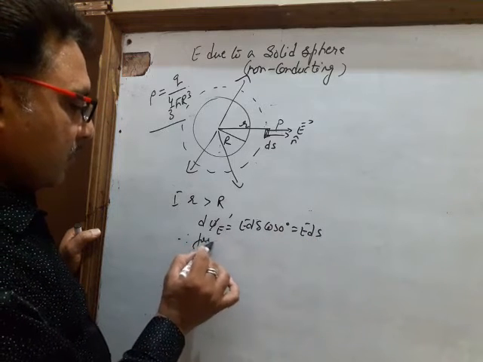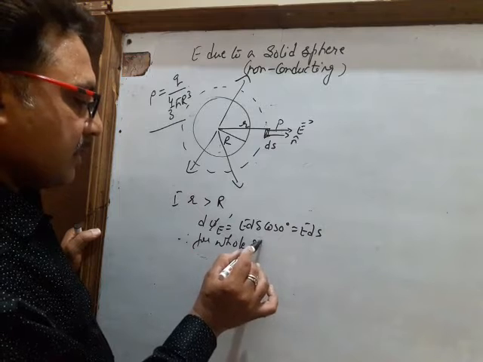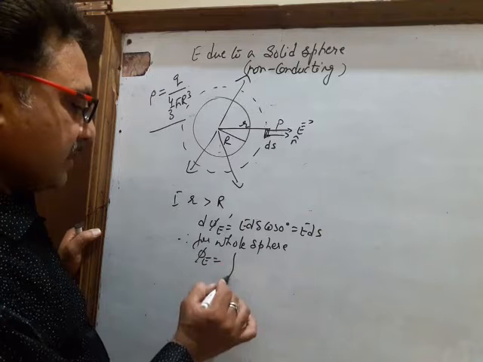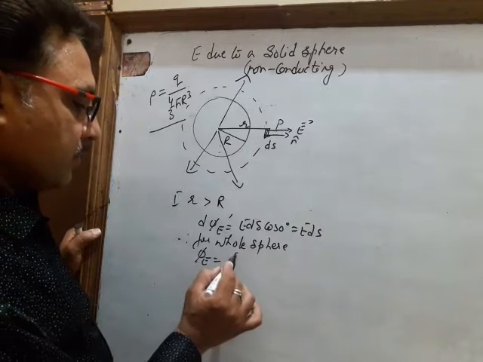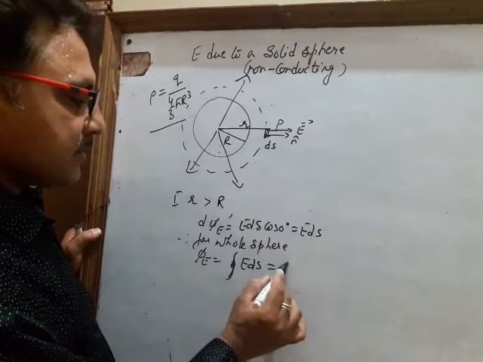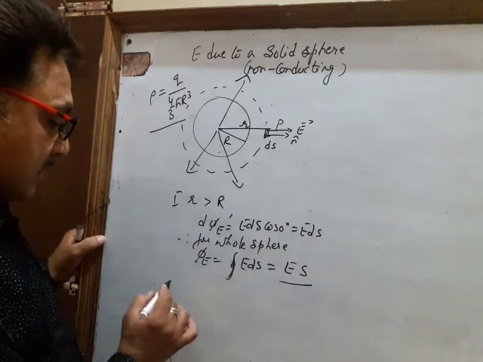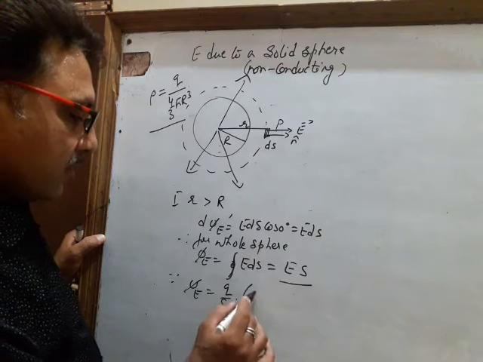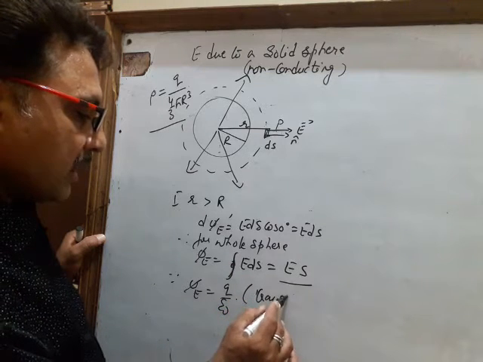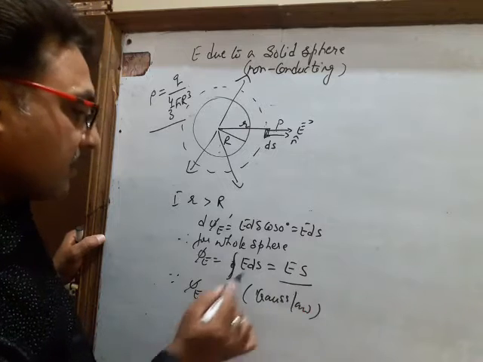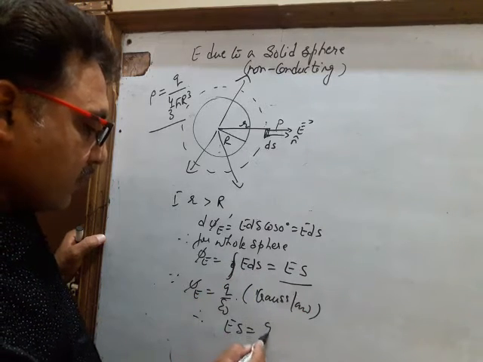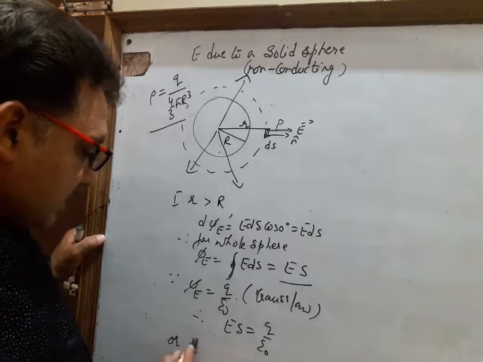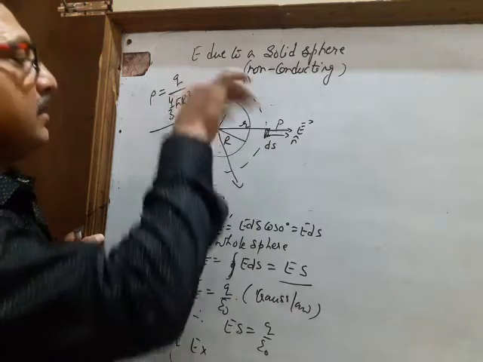Therefore, for the whole sphere, once again, I hope you have remembered the steps now. Phi equal to the surface integral for the whole sphere. This is E ds, so it turns out to be ES. Since phi E equal to Q upon epsilon naught from Gauss law, therefore ES equal to Q upon epsilon naught, or E into S, what is S?